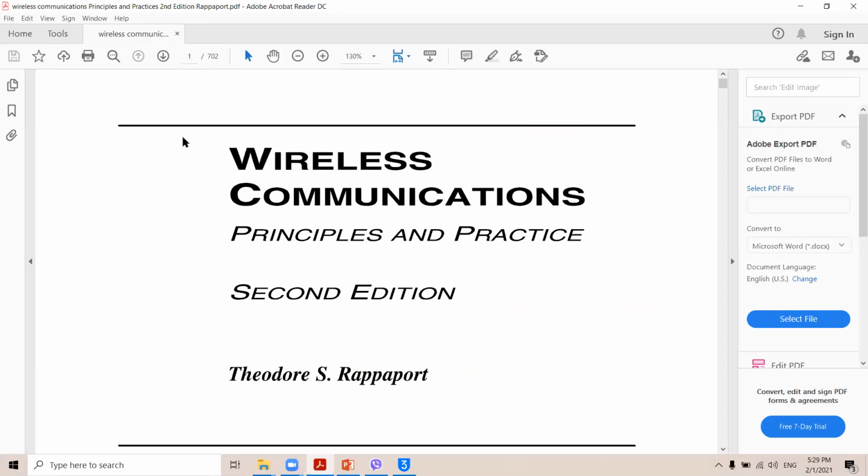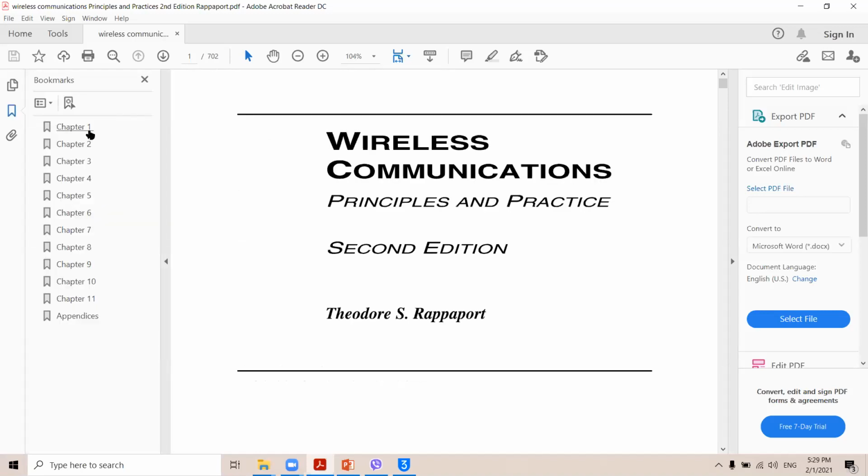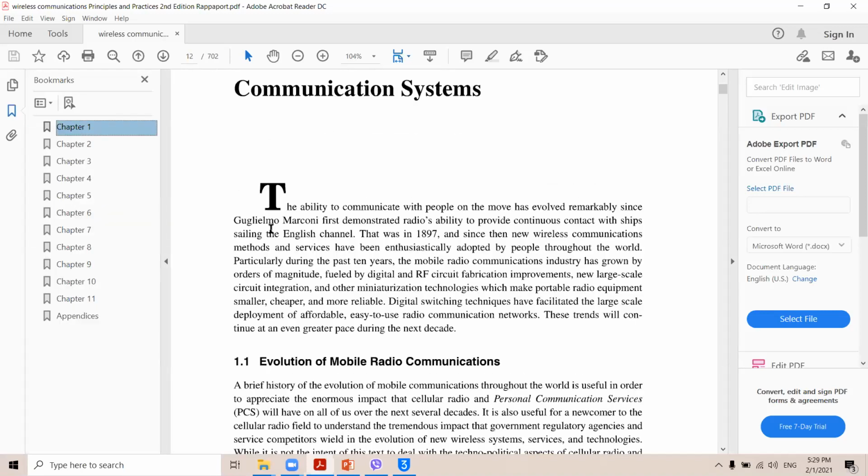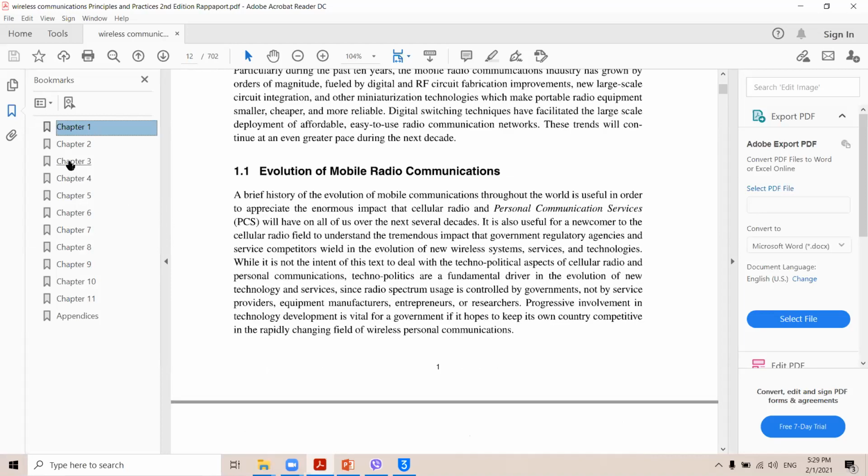So you can depend upon this book directly for the cellular communication system and standard communication systems like the GSM. I'm going to talk about chapters from this book. Chapter 1, inshallah, and chapter 3 in detail.